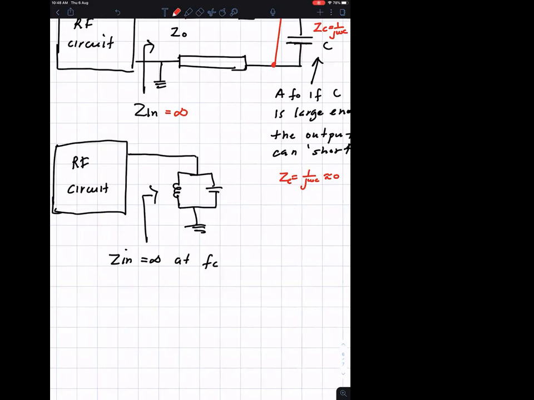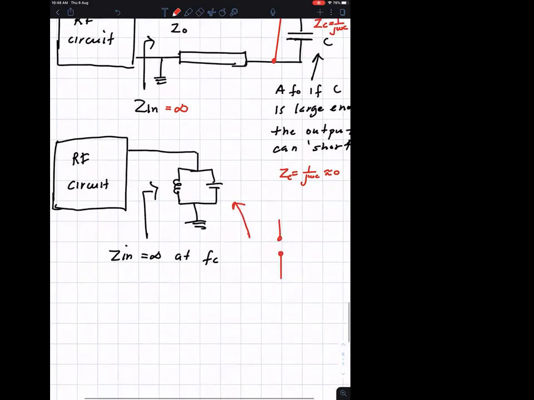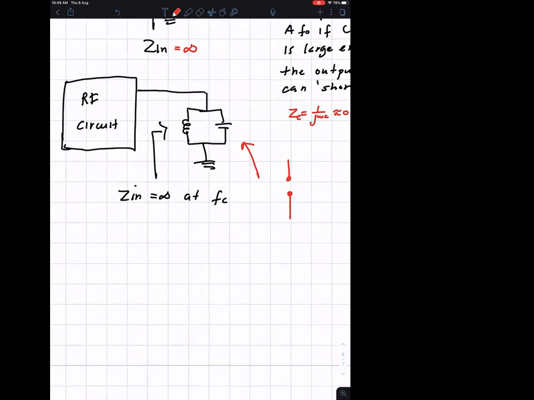Any question? No, sir. So this will be like an open circuit, and this is called an RFC. Do you know what RFC stands for?